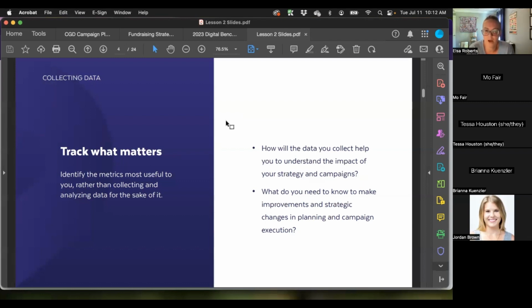Those two questions should really help guide what type of data that you collect and you care about, because you could collect hundreds of different data points, right? There's so much that you could collect when it comes to data, but what's actually useful to you, what will you actually look at and use? That's what you want to zero in on, and that's what you want to actually collect and then analyze.